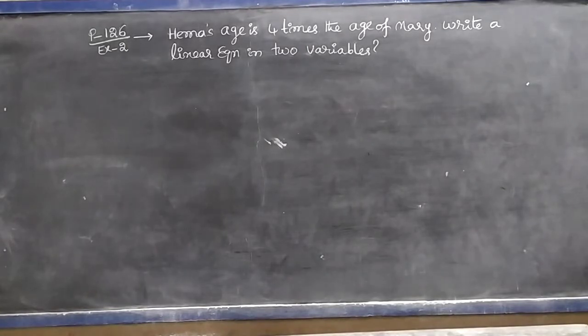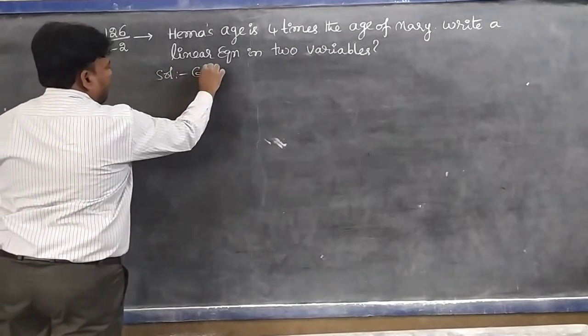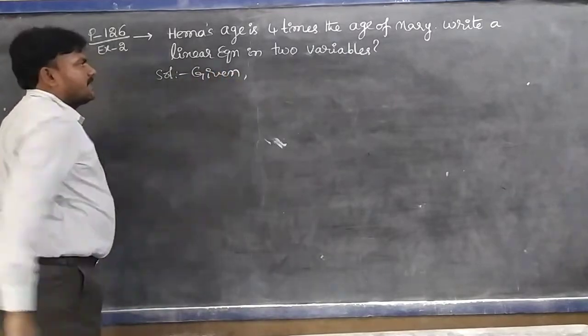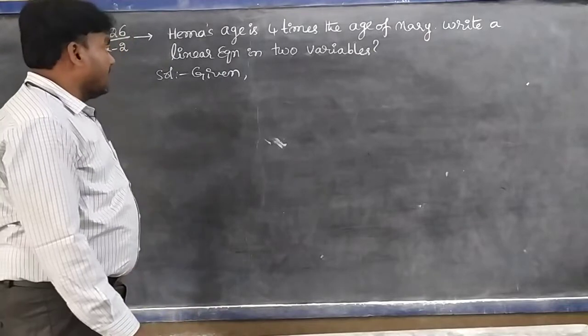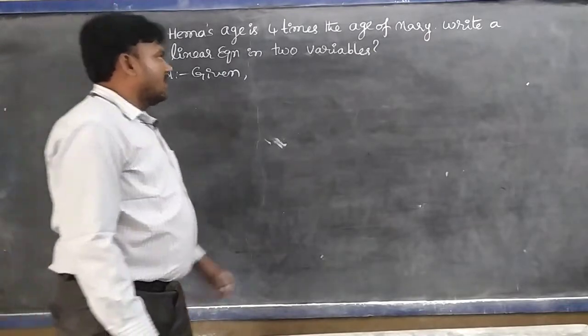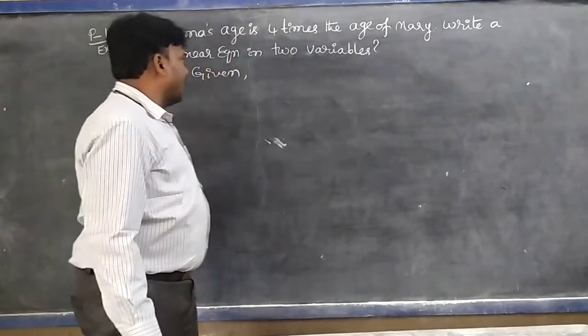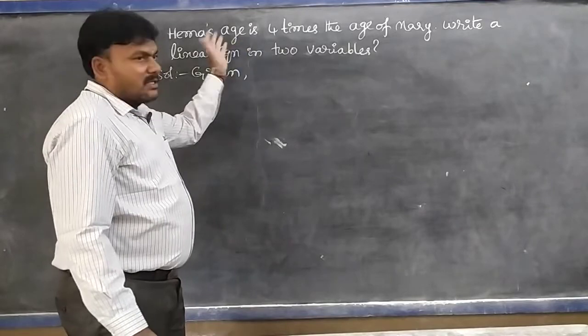Right, so observe the solution here. First of all, analyze the problem carefully. Hema's age is 4 times the age of Mary. First we consider age of Mary equal to x and Hema's age equal to y, or the inverse also.